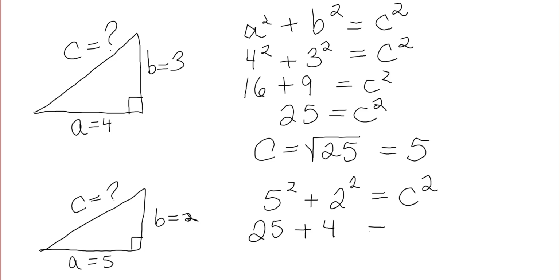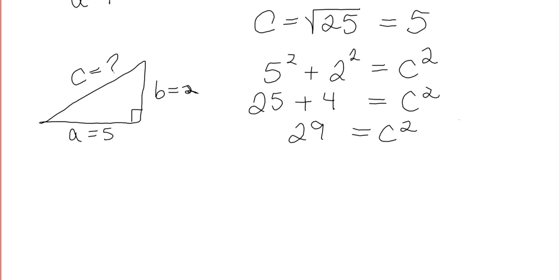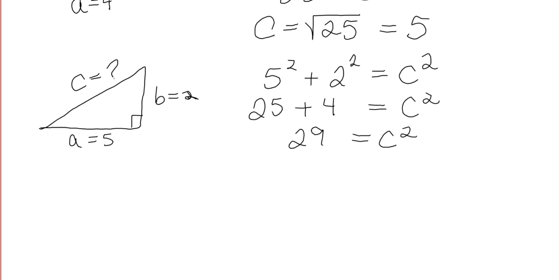And 2 squared is 4, and that's equal to C squared. That's 29 equals C squared. Uh-oh. I don't know a perfect square that'll do that. So C is going to be the square root of 29. And then we had to turn to a calculator because we couldn't do that any other way. We had to estimate it, and I'm going to round a little bit and call it 5.39.